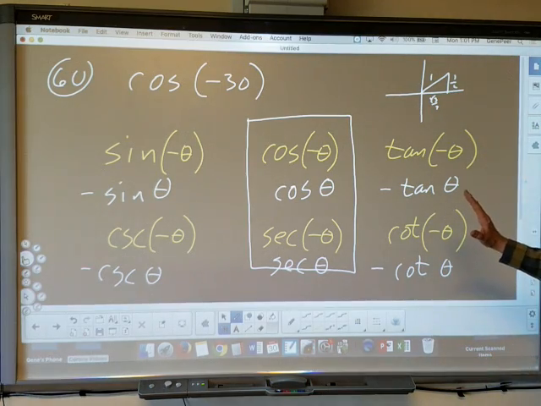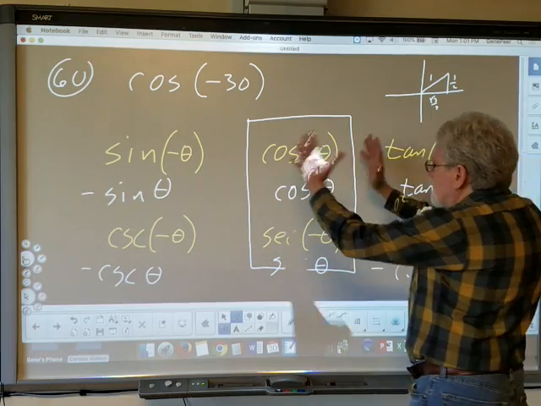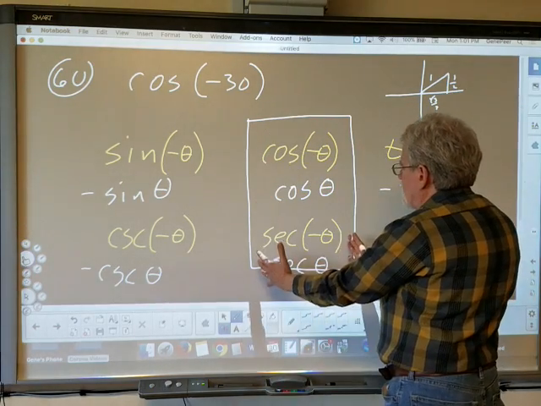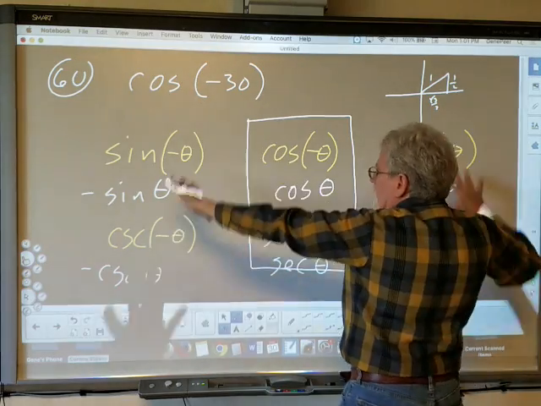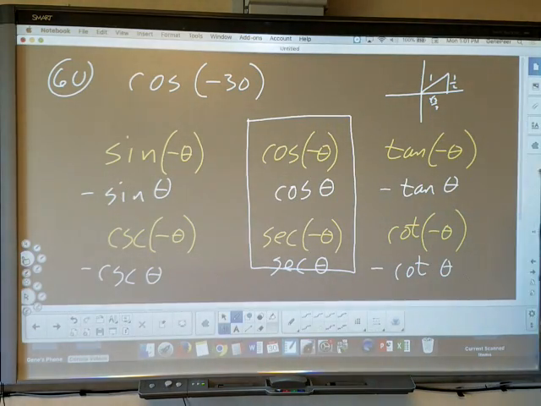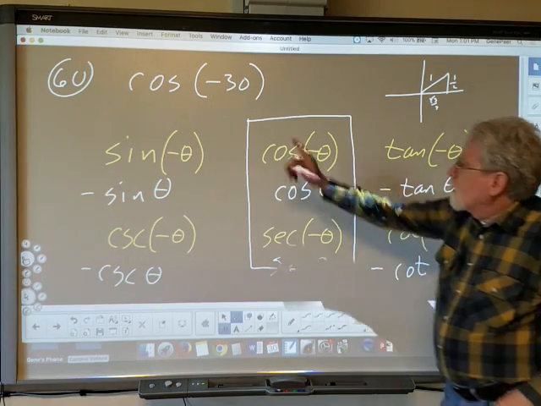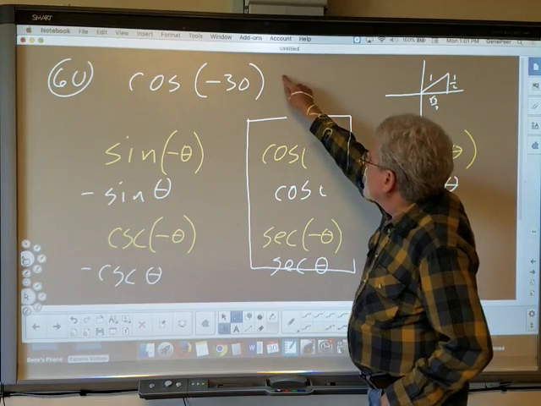To remember this, just keep in mind when they're written in their natural order, it's the one in the middle that is special. You just drop the sign. The other guys, you take the sign out to the other side. So what's that tell us then? That cosine of -30 is the same thing as cosine of 30.